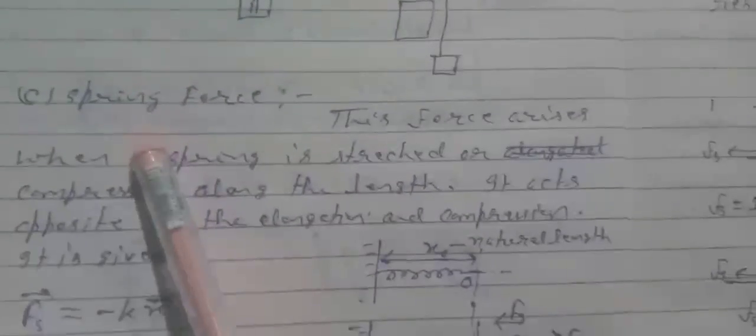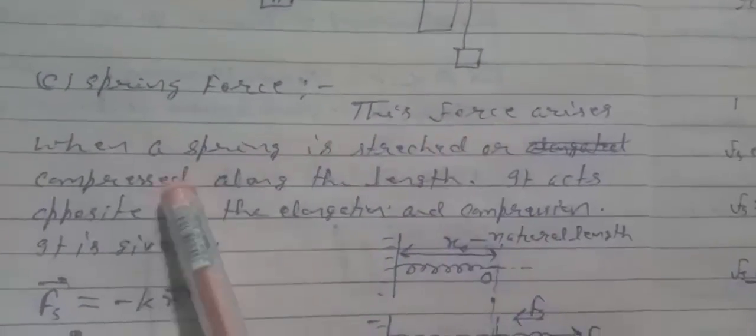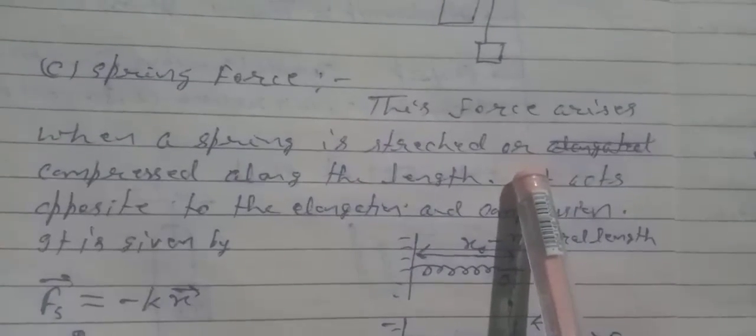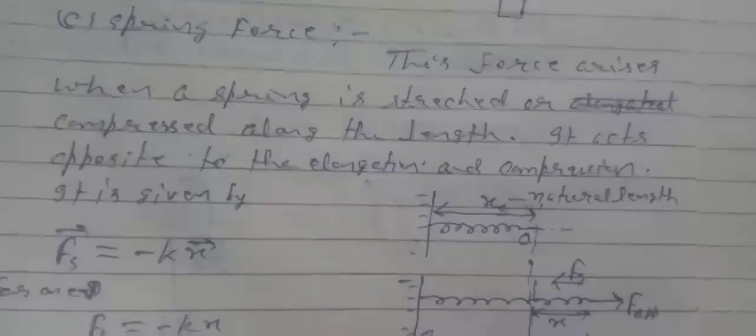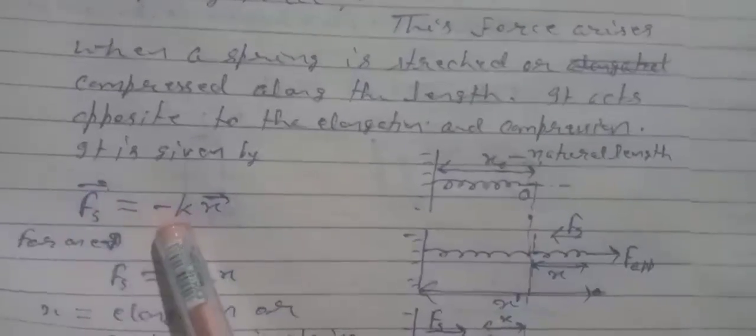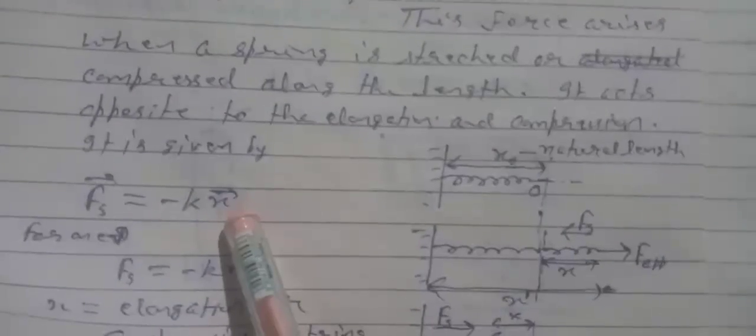Spring force. This force arises when a spring is stretched or compressed along its length. It acts opposite to the elongation and compression. It is given by Fs vector equals minus k times x vector.